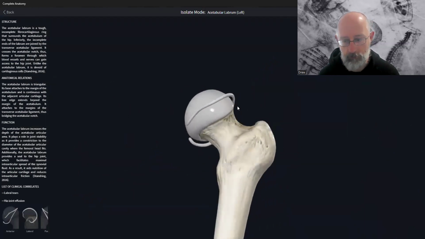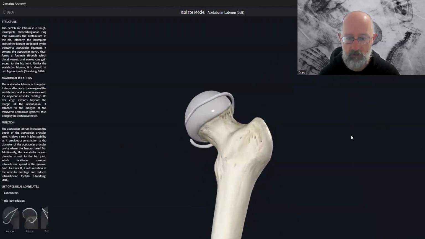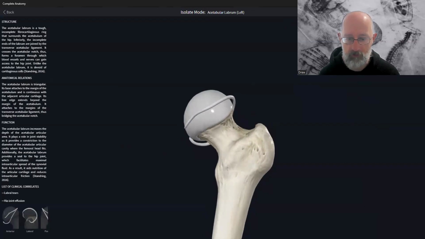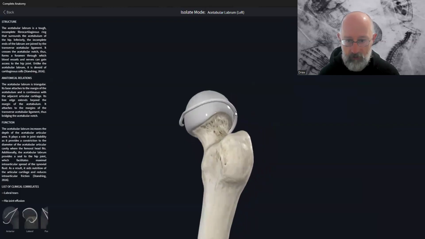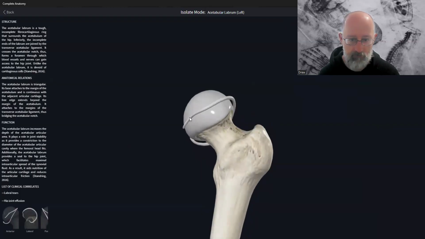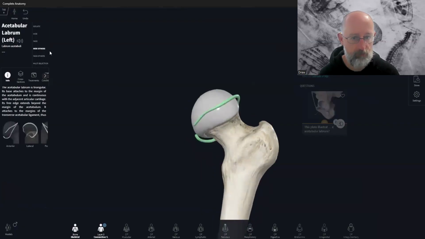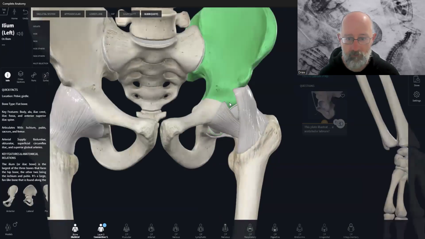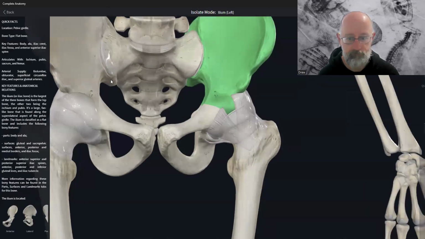So often you'll get people do labral tears in the hip joint. And so a labral tear is where you get a little bit of a nick in this connective tissue, which sits along the rim of the pelvis.